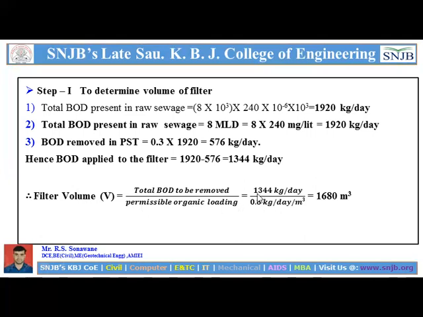So 1344 kg per day divided by 0.8 kg per day per meter cube, which is already given here, equals 1680 meter cube, the volume of the filter. Therefore we can rewrite it: the volume of filter is 1680 meter cube.